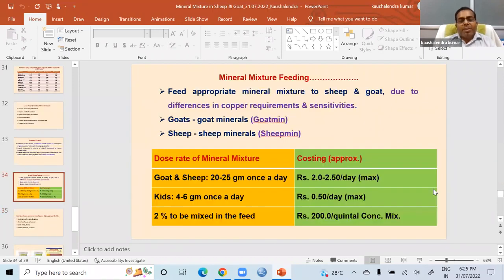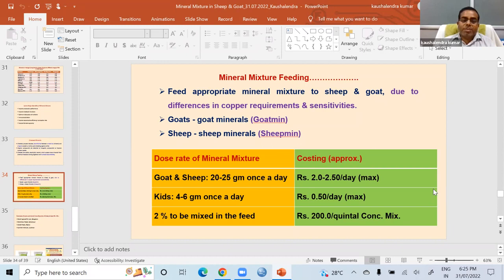Now coming to mineral mixture feeding. Feed mineral mixture in appropriate amounts to sheep and goat due to the differences in copper requirement and sensitivity. NIANP Bangalore has developed goat and sheep mineral mixtures separately, named Gotamin for goat and Sheepmin for sheep.